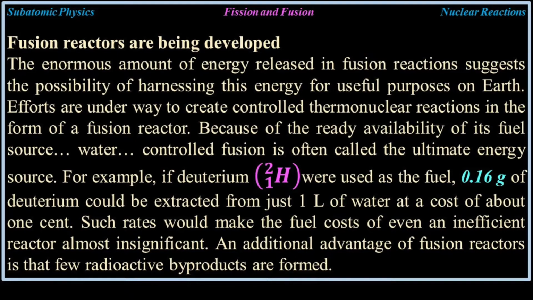For example, if deuterium, hydrogen-2, were used as the fuel, 0.6 grams of deuterium could be extracted from just 1 liter of water at a cost of about 1 cent. Such rates would make the fuel cost of even an inefficient reactor almost insignificant.